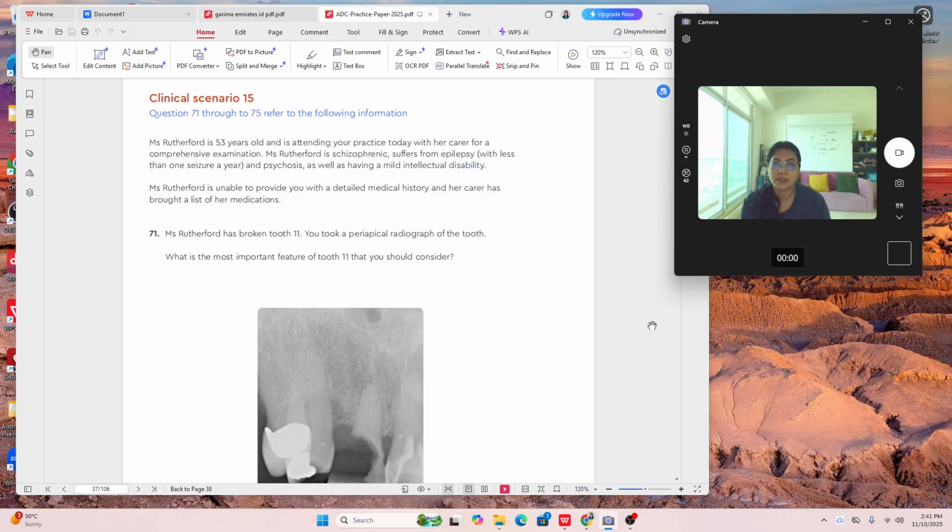Ms. Rutherford is schizophrenic. It's a disorder, a problem of psychology basically. She suffers from epilepsy with less than one seizure a year. So she does have seizures, but less than one a year, though you cannot rule out that it won't happen. She also has psychosis, as well as a mild intellectual disability. So this patient basically cannot be relied upon to make the best decision for herself.